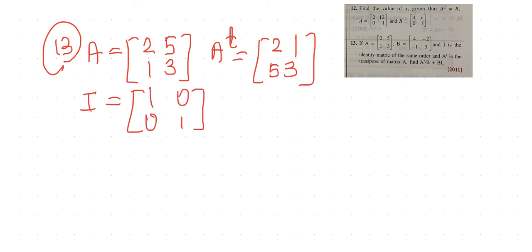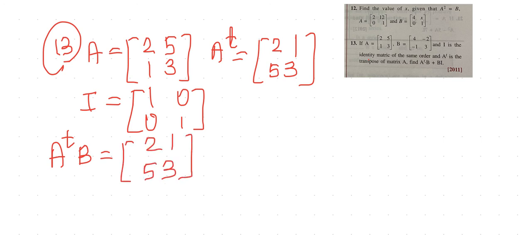Okay. So then A^T into B, will you be able to find out A^T into B, children? Yes, you will be able to. This will be equal to 2, 1, 5, 3, and this is being multiplied to what? B has been given as 4, minus 1, minus 2 and 3. So how much is this going to be equal to? 2 into 4 is 8, children. So this is 8 minus 1.